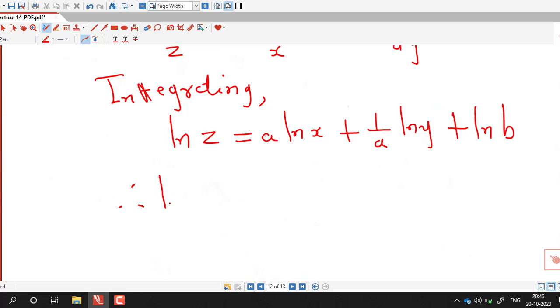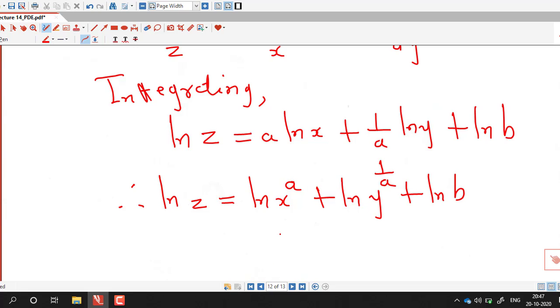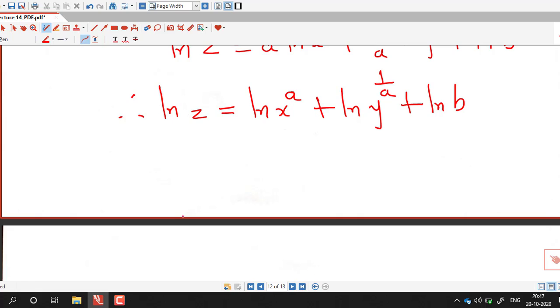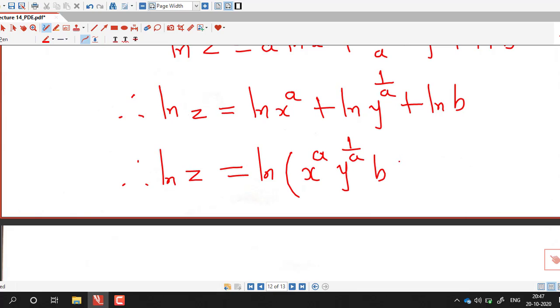Now this we can rewrite as log z equal to log of x raised to a plus log of y raised to 1 by a plus log b, using property of logarithmic function. So therefore log z is again log of x raised to a into y raised to 1 by a into b.